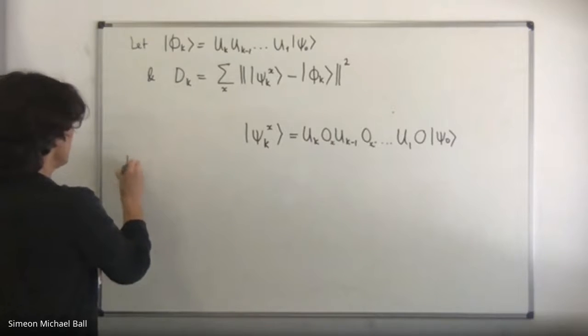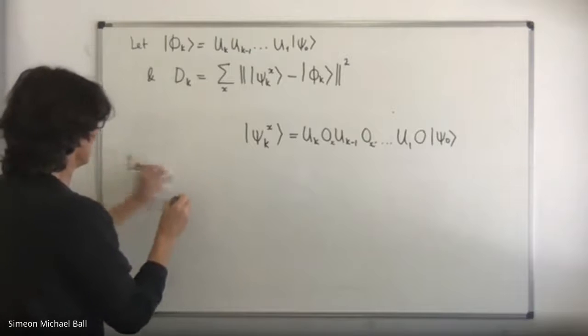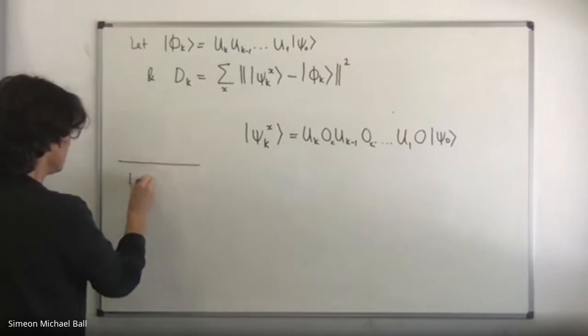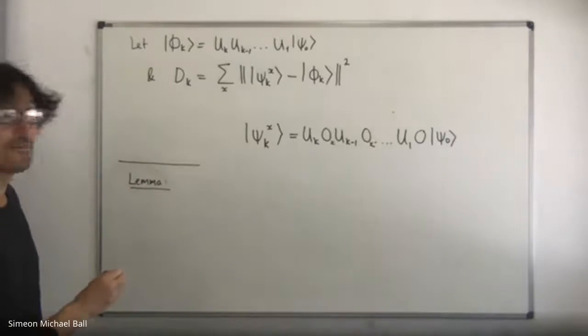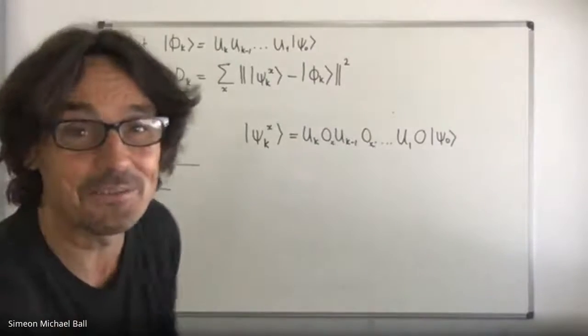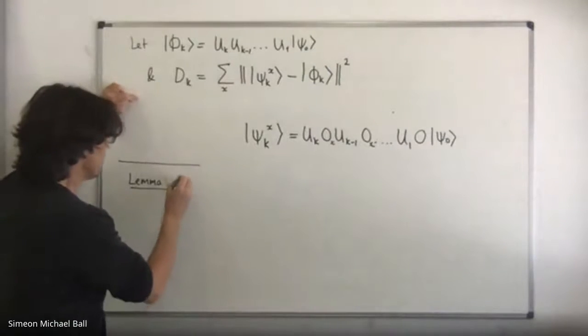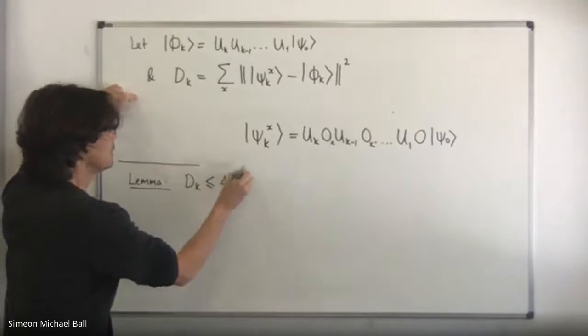So our first level will be, I'm going to write it down here because I'm going to need a little bit of playing with complex numbers at one point. Okay, so here we go. The first one we're going to prove is that this never gets more than 4k squared.